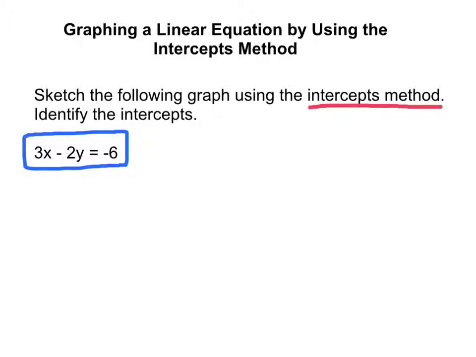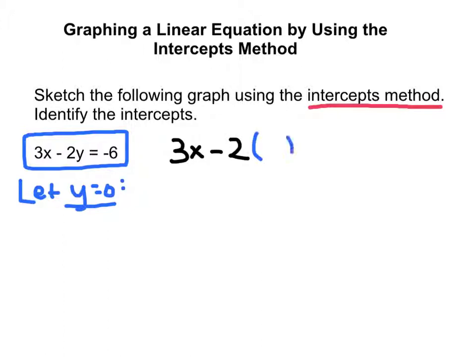Now we first let x equal 0 in our equation. Now we're going to switch it around and let the y value be 0. If we do this, the equation gives us 3x minus 2 times 0 equals negative 6.